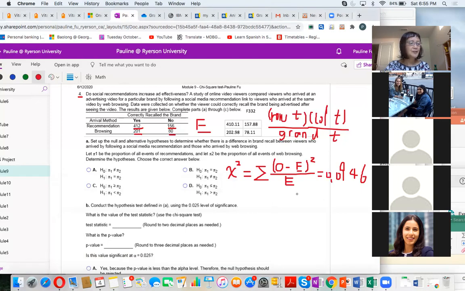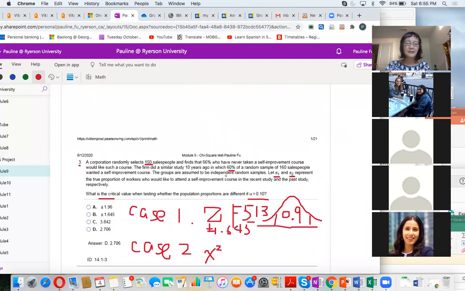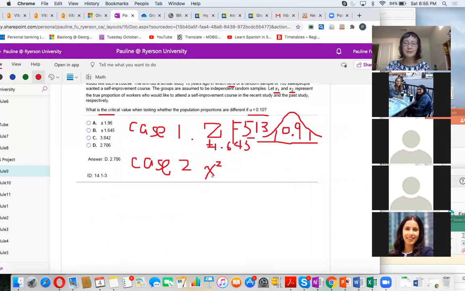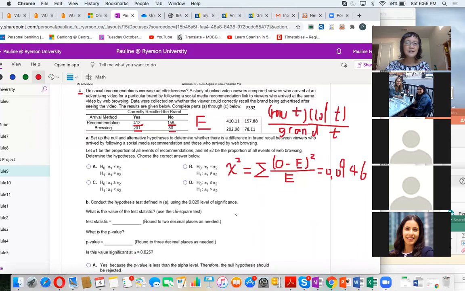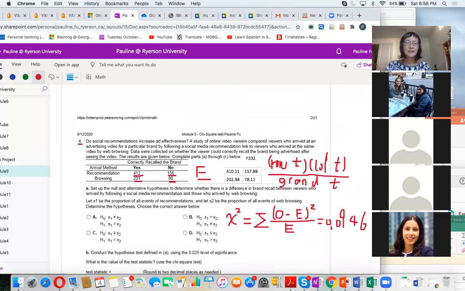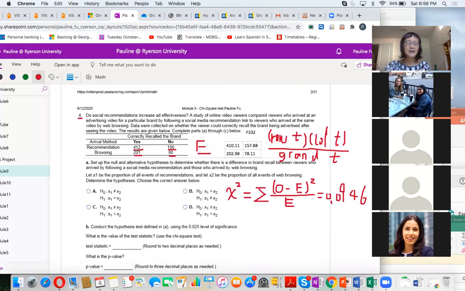So this is my test statistic, chi-square. Okay. And the next question, once you found the test statistic, you have to compare the chi-square test statistic with the critical value. So what is the critical value? Remember this question, we have a critical value for chi-square. We'll answer this question here. Okay.